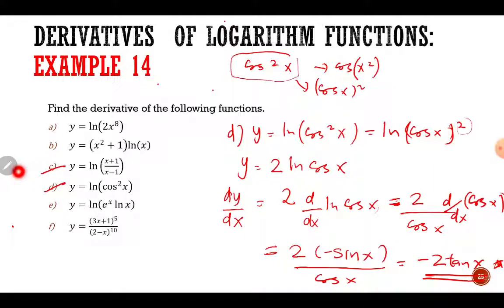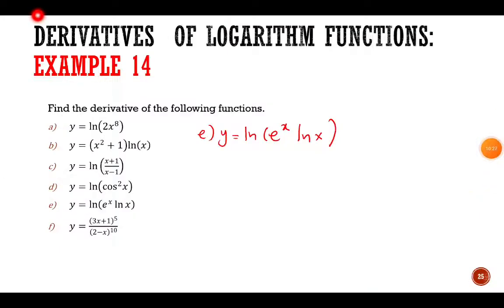So kita dah solve A, B, C and D. Alright. Okay, then we move to E. Okay, so now we have ln e to power of x, ln x. Okay, it's a bit tricky but not to worry much.